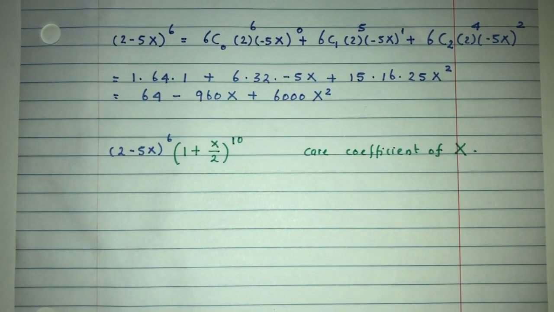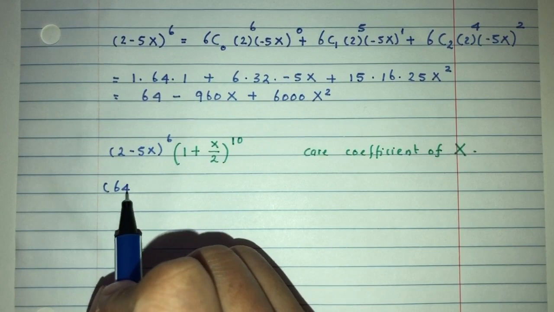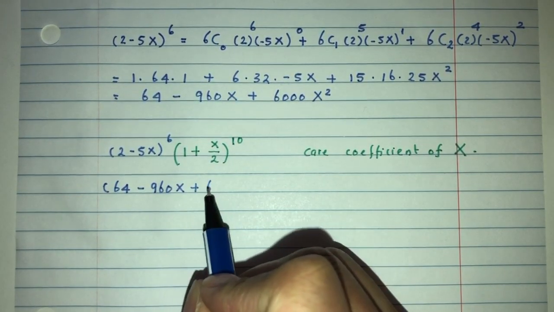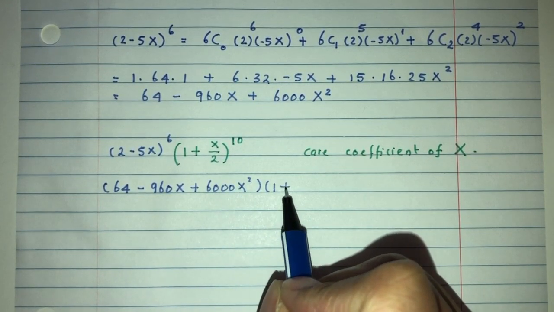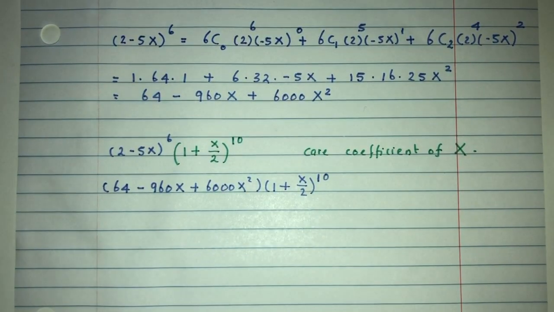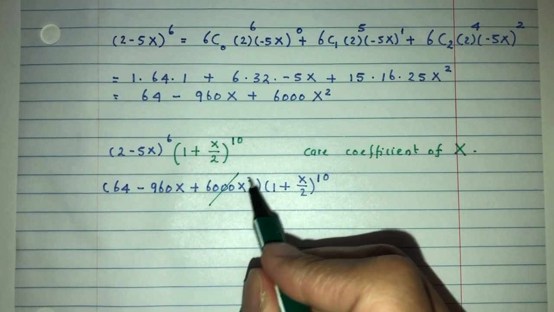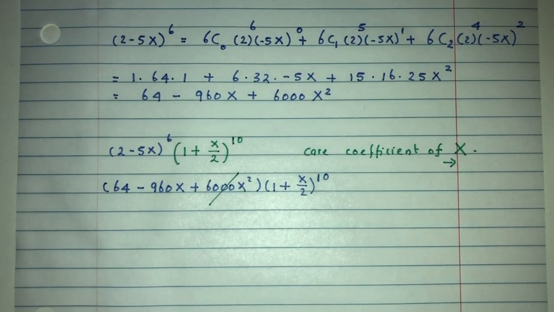That's what we have to keep in mind when doing this question. This we know already, we found it was 64 minus 960x plus 6000x squared, and then (1 plus x over 2) power 10. Now obviously we won't be needing the x squared term because we don't care about x squared. We only need something in x.